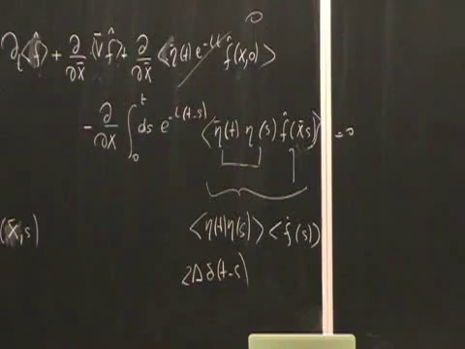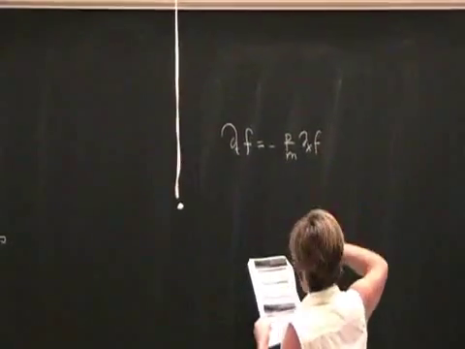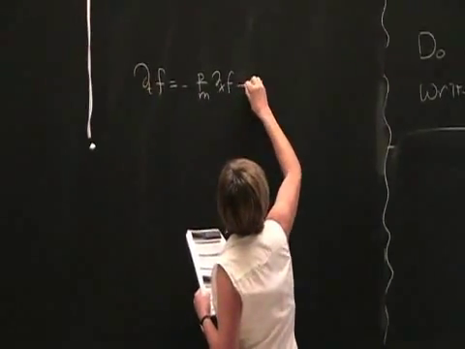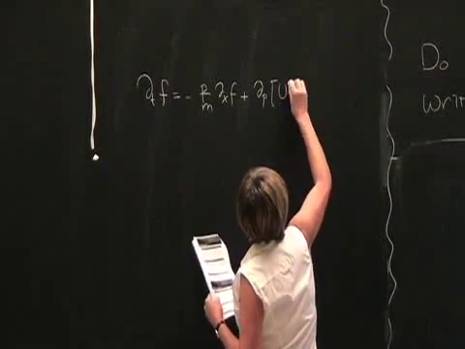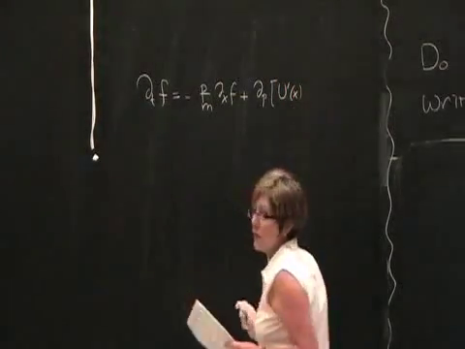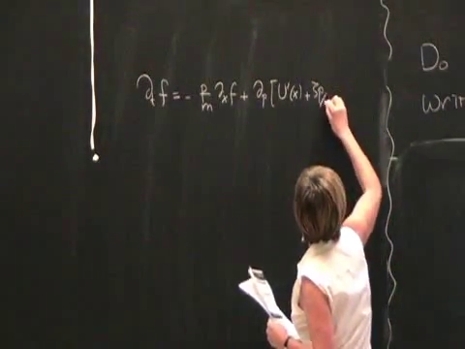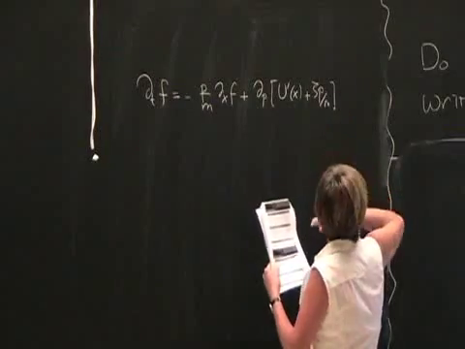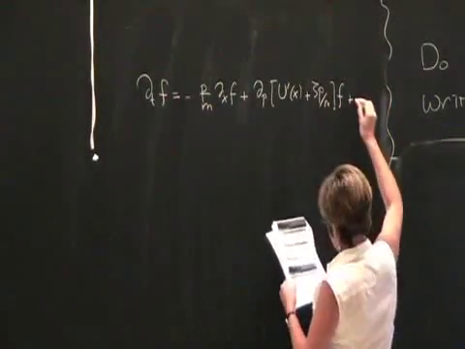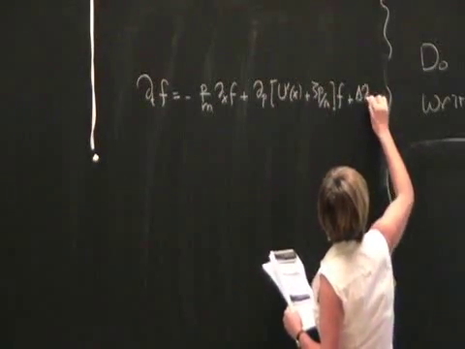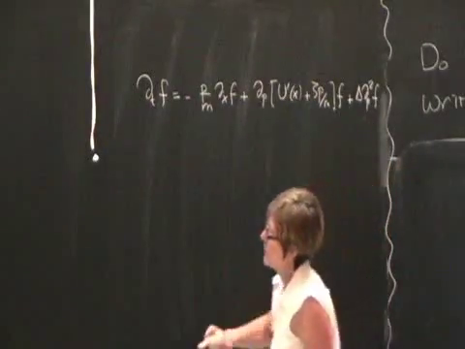So the equation becomes minus P over M, derivative with respect to x, plus, and this is something that may be familiar, derivative with respect to P of U prime of x, that is, the derivative of U with respect to x. Then I have the friction times P over M, all of these acting on F. Then delta, second derivative with respect to P of F. And this is the term that comes from here.